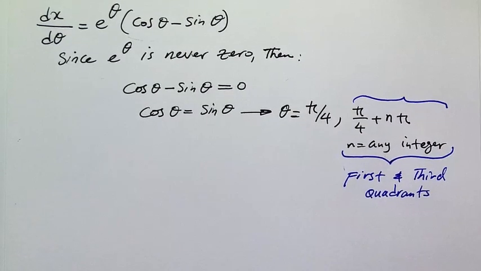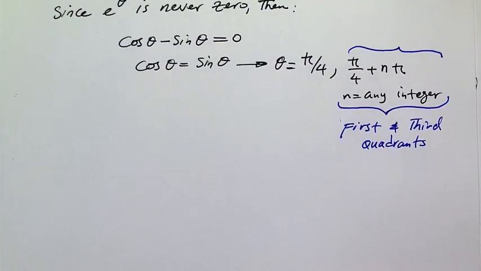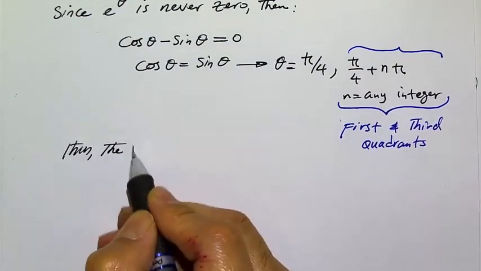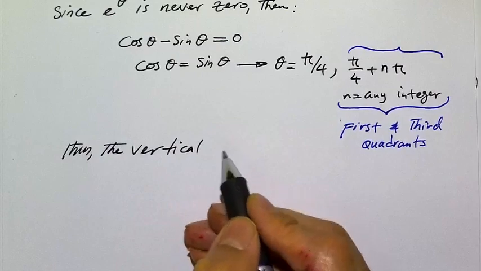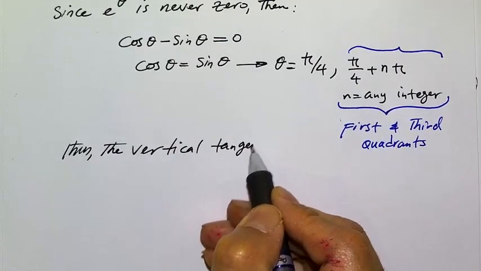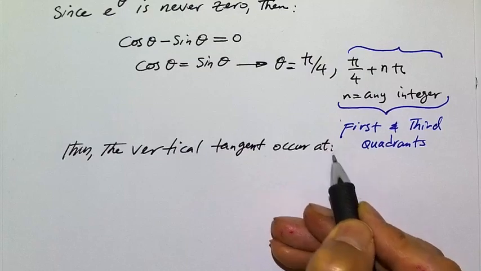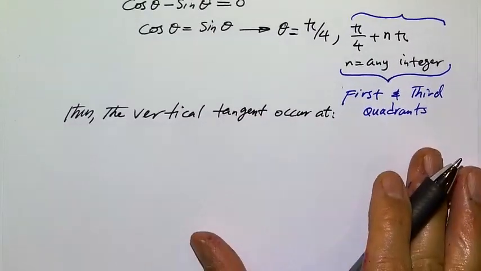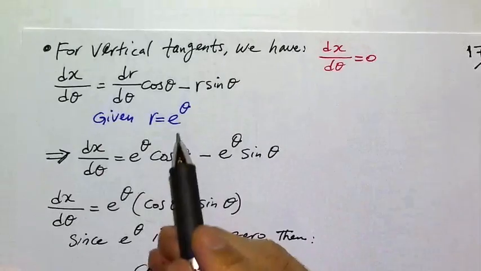So then the vertical tangents occur at, we can write that as r would be e to the theta power, right?